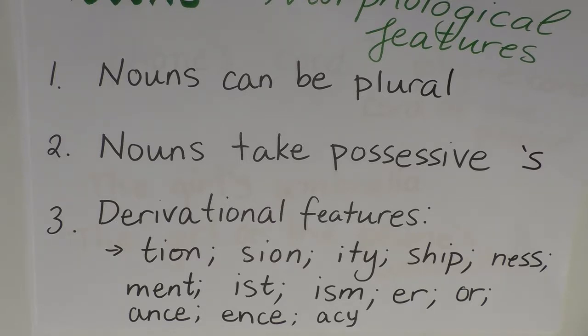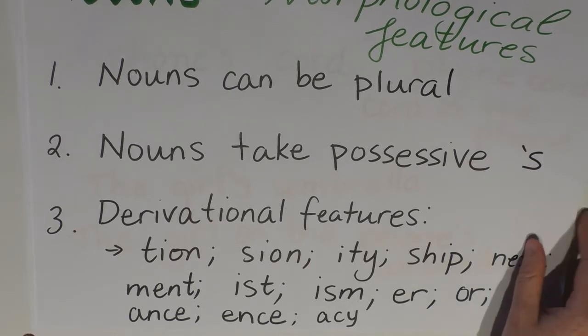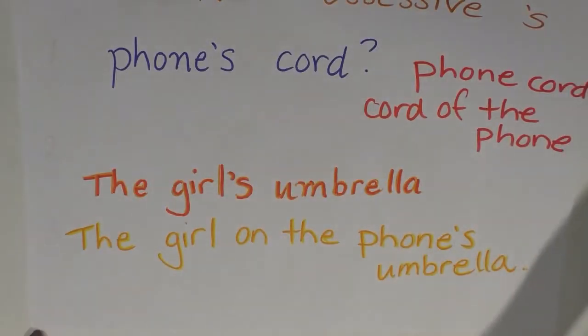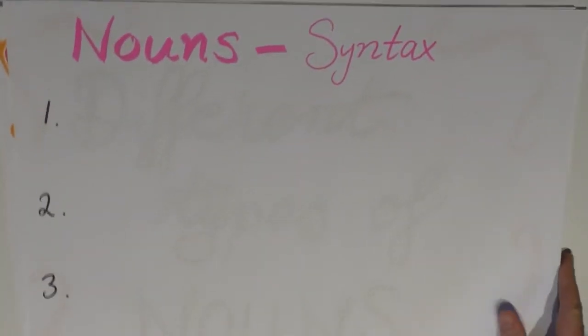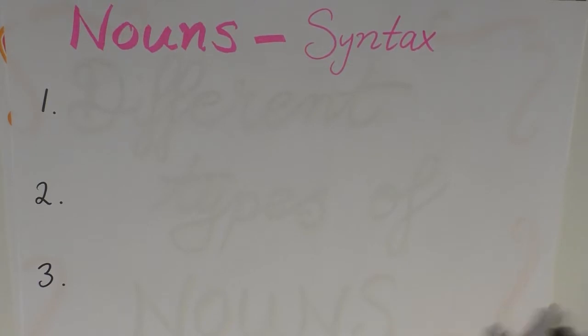So now that we've looked at its semantic feature and we've looked at the three morphological features, we'll move on now to the syntactic features of a noun. It's our possessive S that we looked at earlier. All right, here we are. Let's look at syntax.